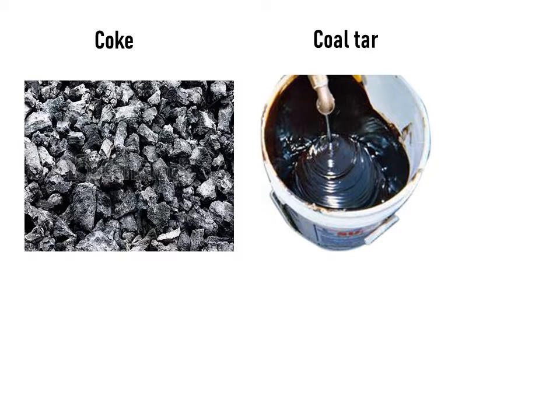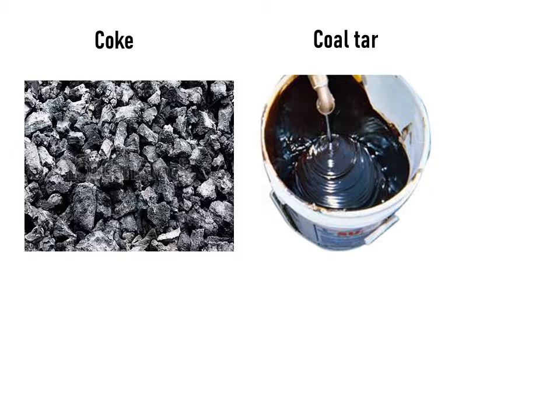Now, another important, interesting experiment which the scientists did: coal is heated in the absence of air, the process called destructive distillation of coal, leading to the formation of coke, coal tar, ammoniacal solution, and coal gas.